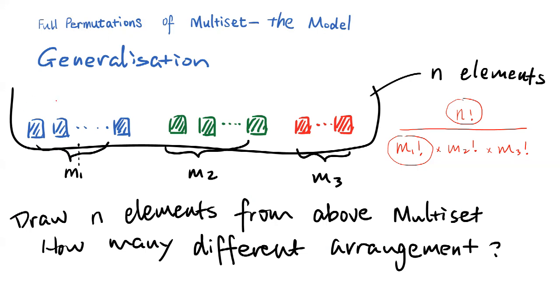So no matter how you arrange these identical blocks, their corresponding permutations are the same. So we need to divide this number. Okay, any questions?